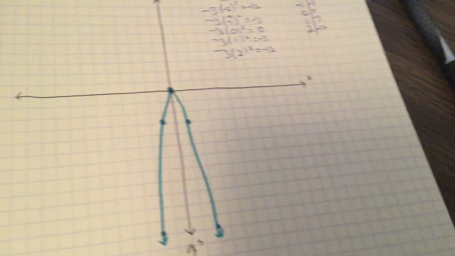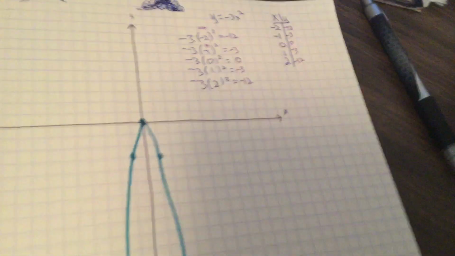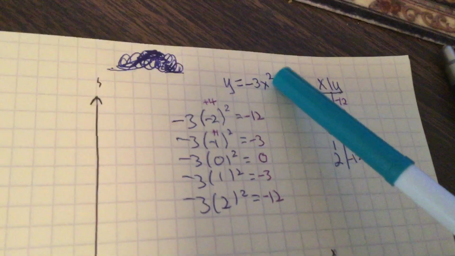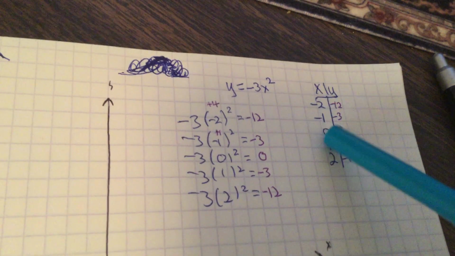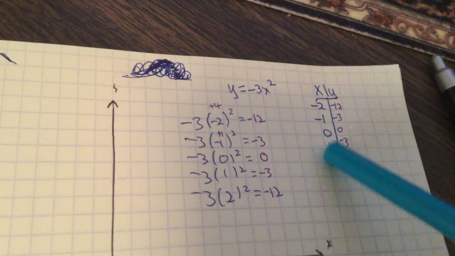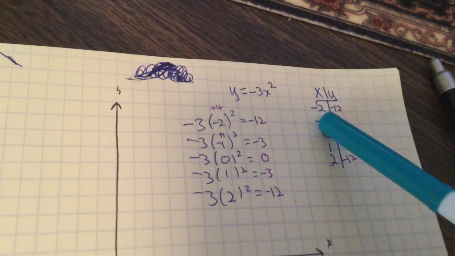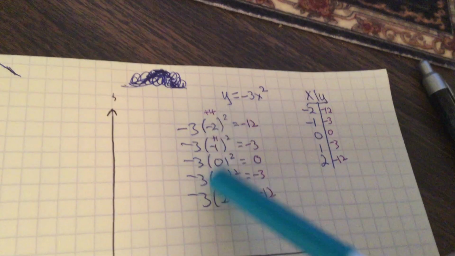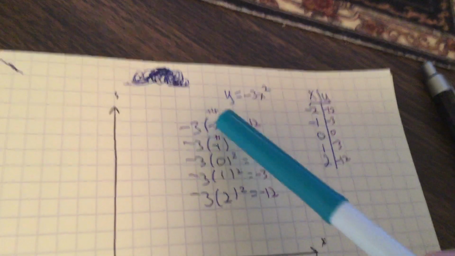Okay, so by way of a summary, which I usually like to do, y equals negative 3x squared is my function that I'm graphing. Over here, I chose my x values. I am doing a graph that is going to show up in 2 quadrants, so I do use negative numbers. I did the work right here. If something is negative to a power, it becomes positive.